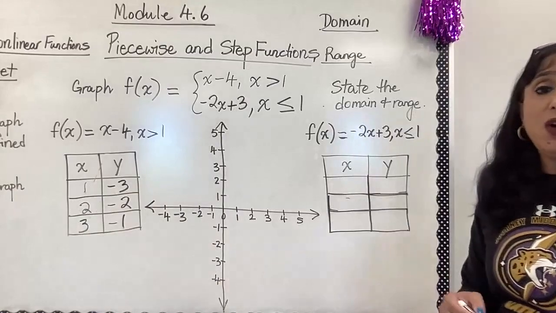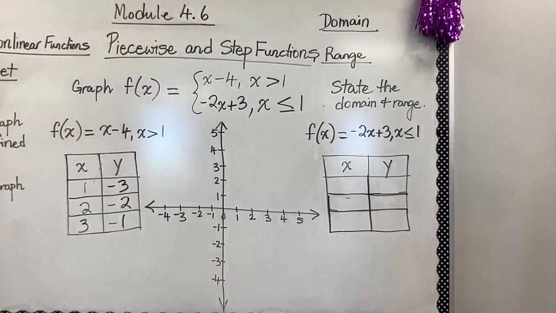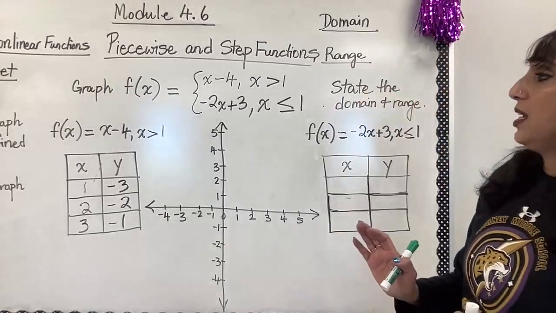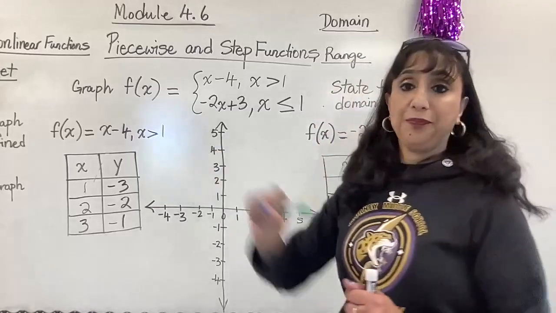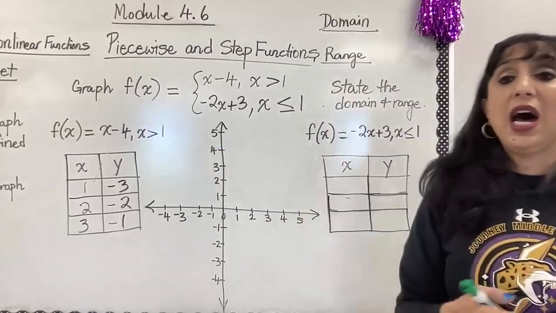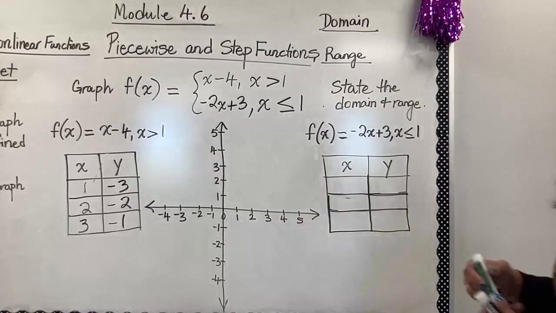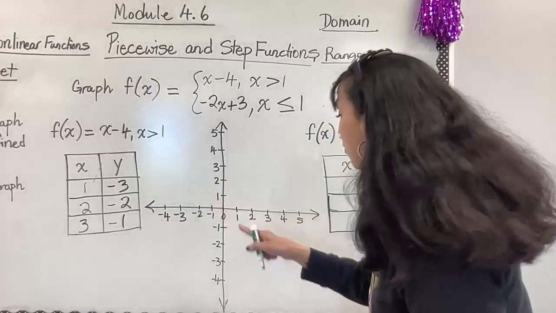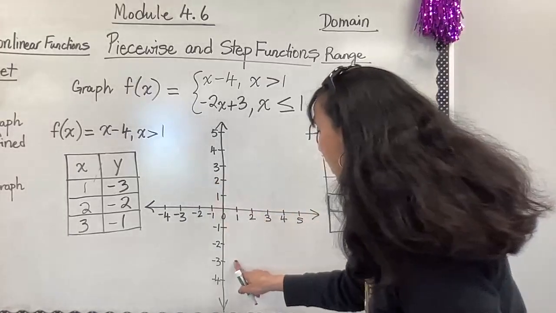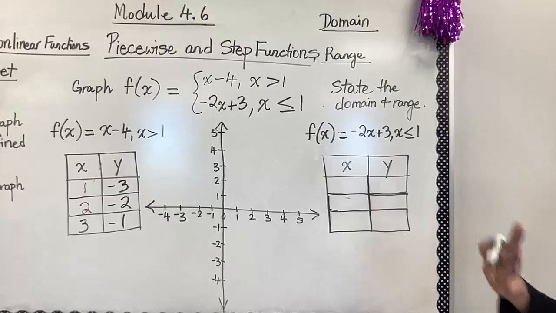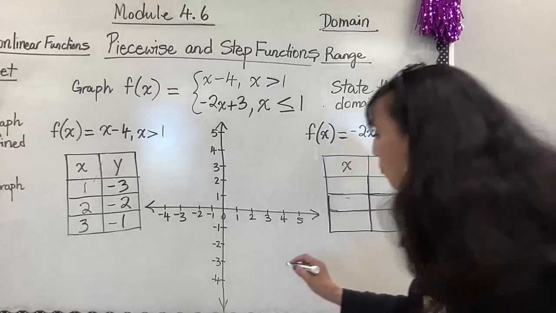So let me graph the first one. What kind of circle is this going to be? Because it is greater, I am going to have an open circle. So I have 1, negative 3, and I graph an open circle over here.